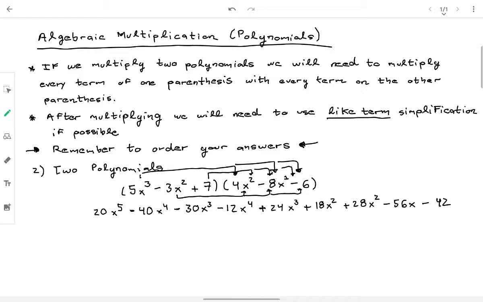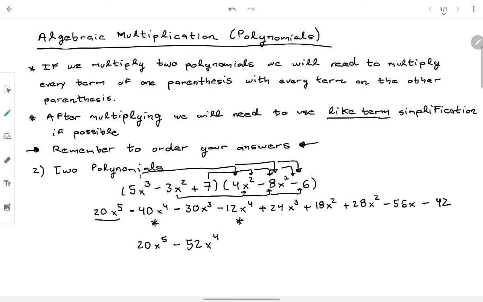So we are going to start with the bigger powers, in descending order of powers. In this case, the biggest one is the one that has x to the 5th. It doesn't have anything to add or subtract, so it will be 20x to the 5th. Then we will look for x to the 4th. We have minus 40 and minus 12. It will be minus 52x to the 4th.